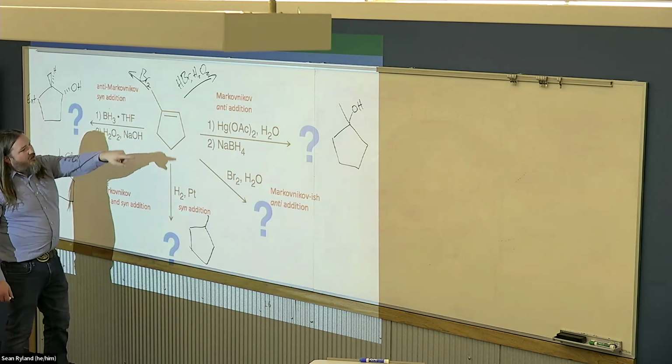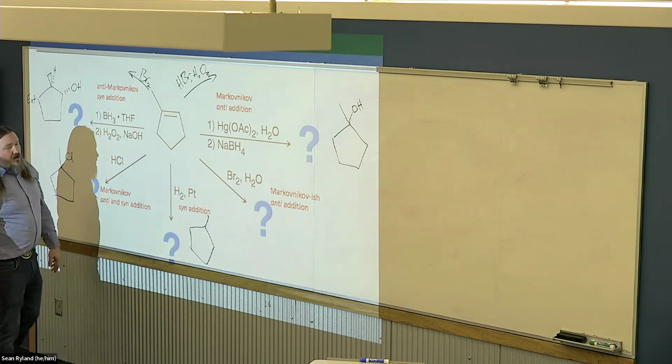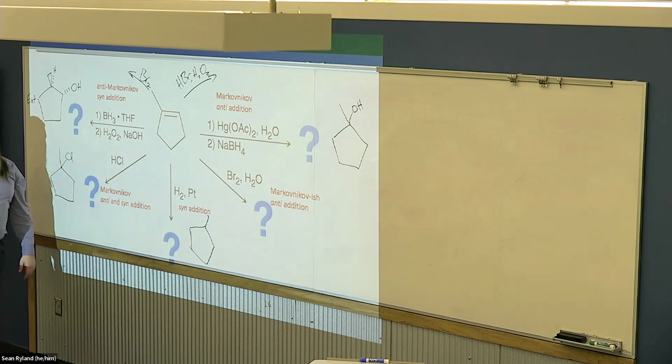Adding bromine without any water. Break a pi bond, add bromine to both sides. Anti-addition, so your bromines will end up trans relative to each other.